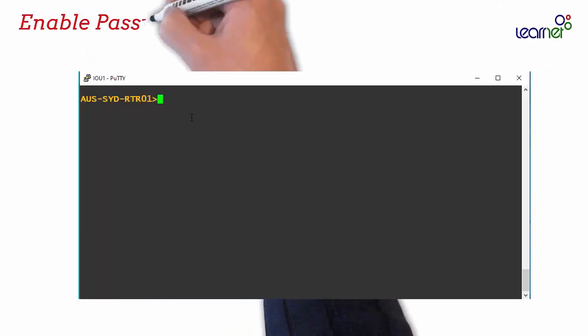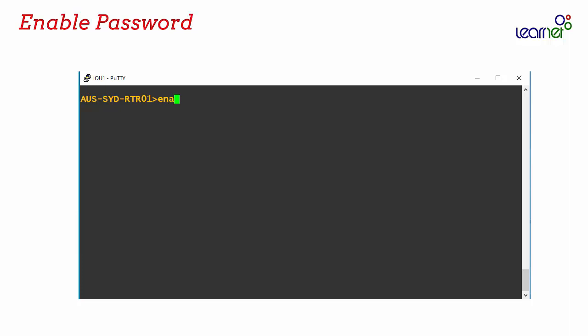As I mentioned before, when you want to go to privileged exec mode from user mode, you simply type enable and boom, you're there. But it is not secure. To have another layer of security in our device management access, we can set an enable password.